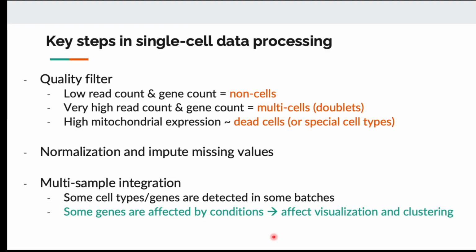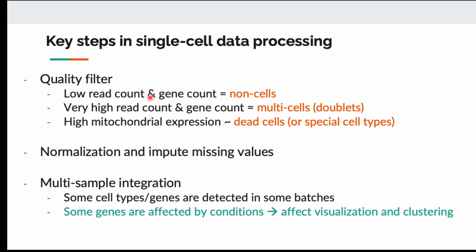Okay. So in single cells, when we process the data, you will see that this will be totally different from bulk data. So first, because we isolate individual cells into droplets, into individual portions, sometimes those droplets can contain more than one cell. And sometimes those droplets contain no cell at all. So we need to remove this noisy data from the result.